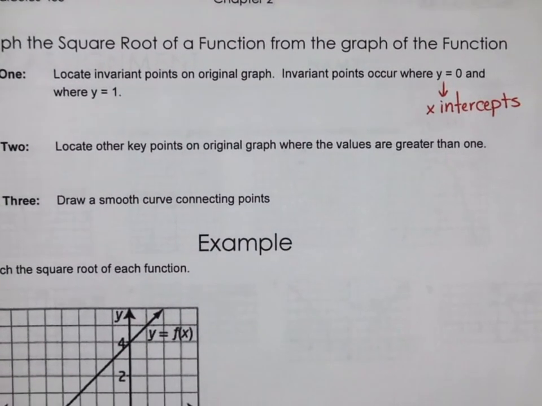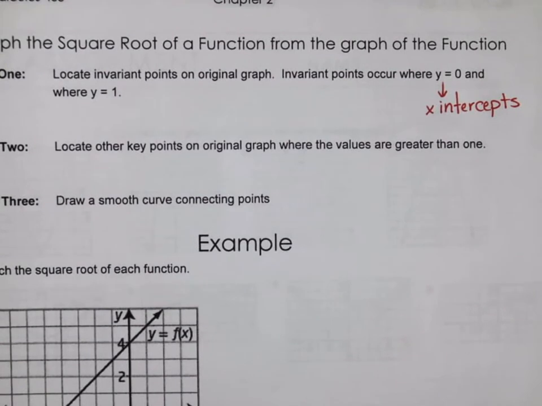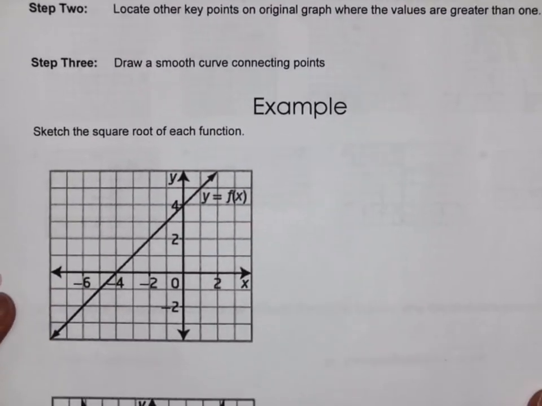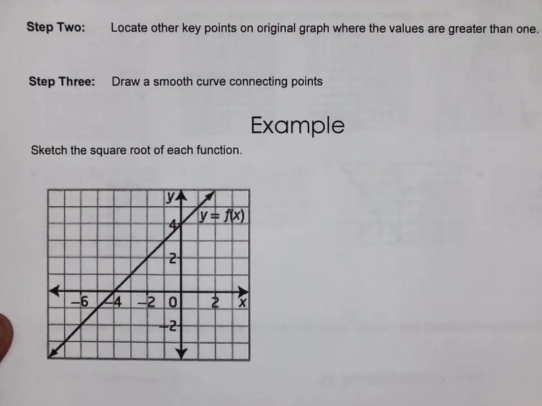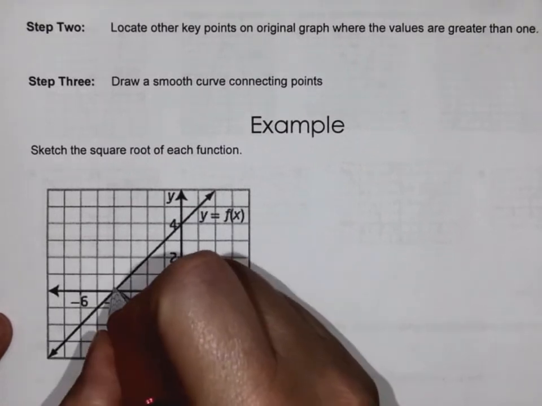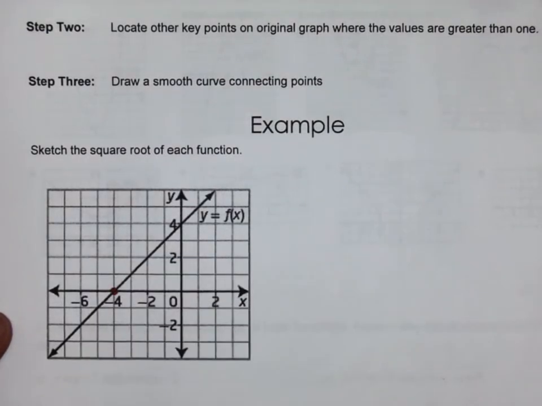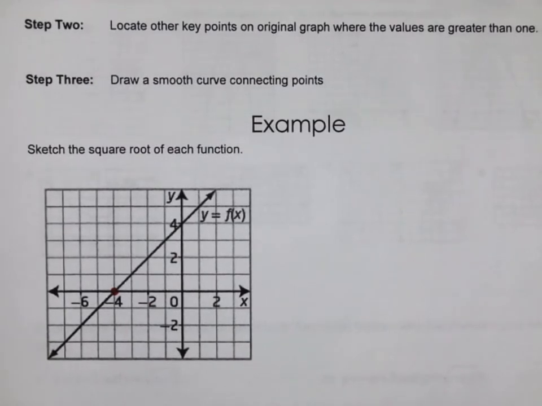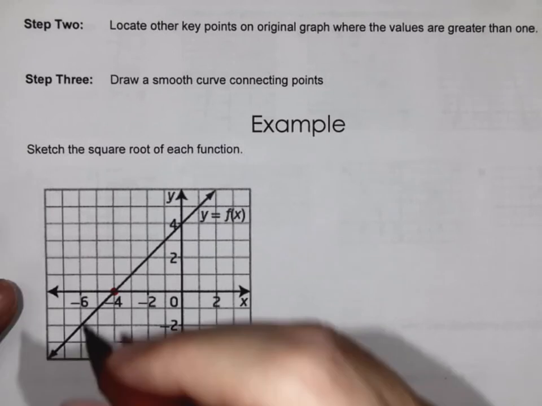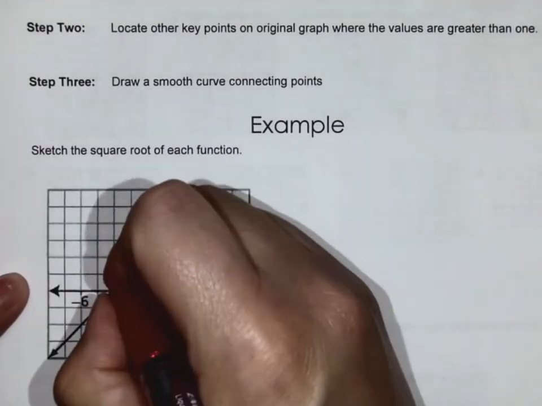Okay, so that's what we're going to do first. So we're looking at this linear graph down here. And my x-intercept is at -4. So that's really important. And what's my next really important one? -3. Because what's the y value there?